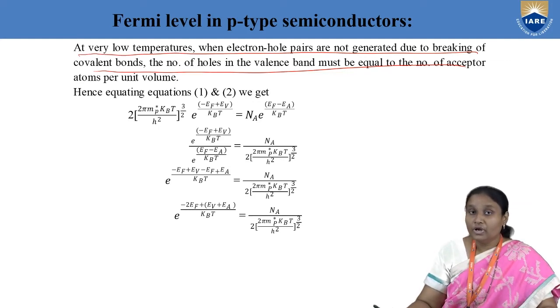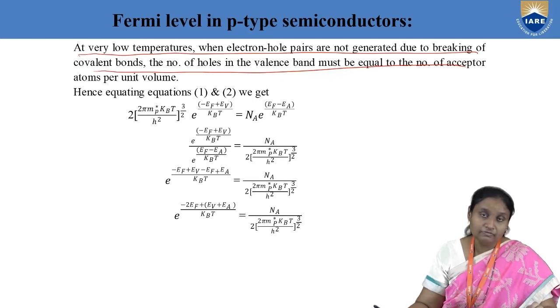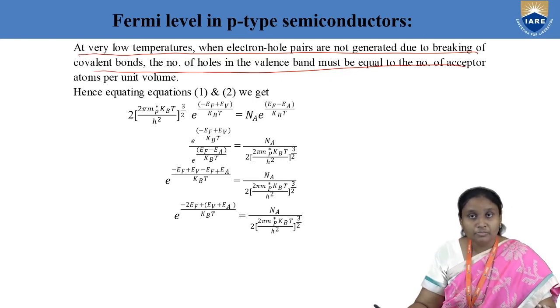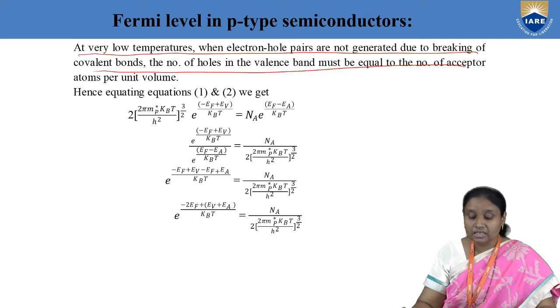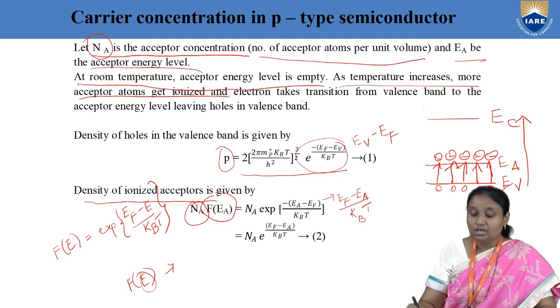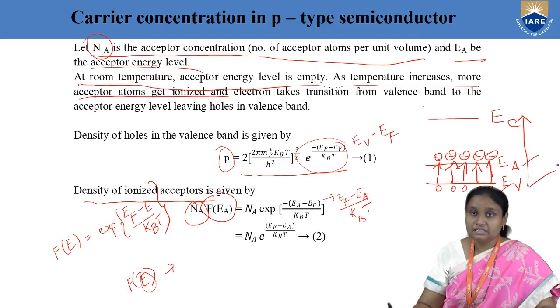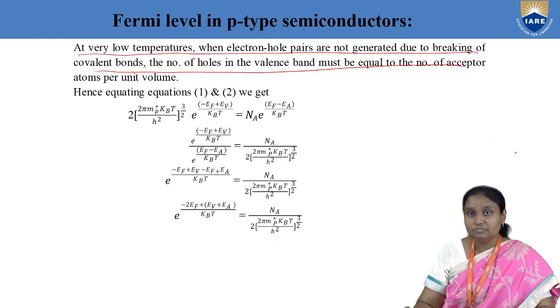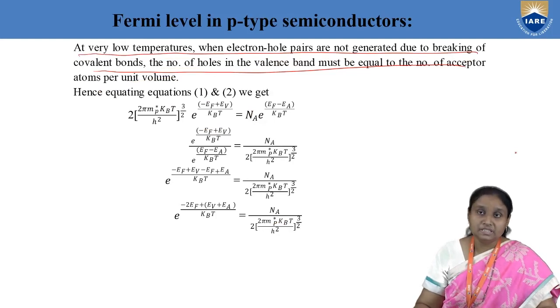So we are avoiding such formation of holes in the valence band. We are at very low temperatures, and transition takes place only between the acceptor energy level and the valence band. So the number of holes formed in the valence band will be equal to the number of acceptor impurities becoming negatively ionized. The same concept we are using again in order to find the Fermi level in p-type semiconductors.